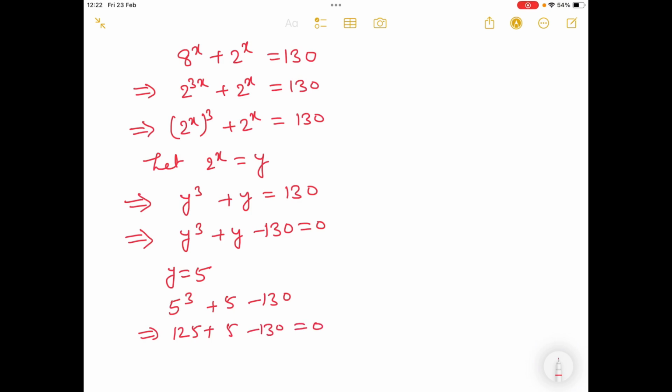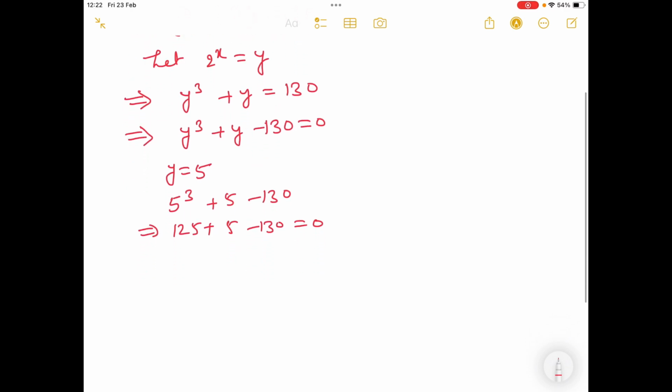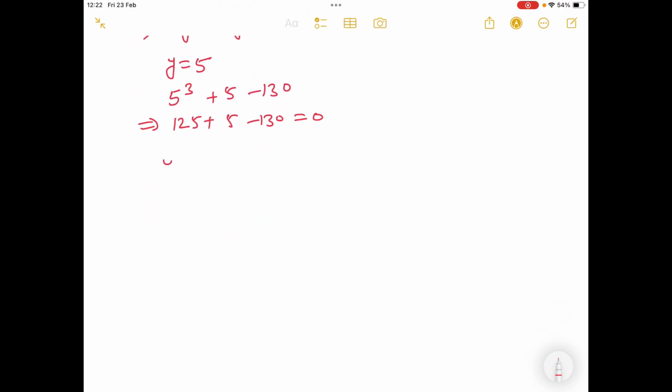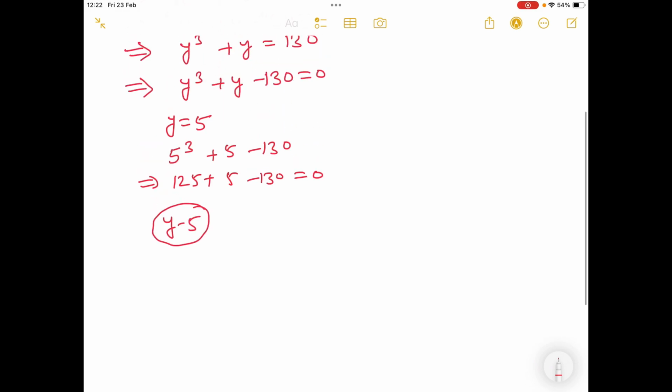Hence we can say that y is equal to 5 is one of its roots and y minus 5 is one of its factors. Therefore, we will divide this given equation by y minus 5 to find its other factor.